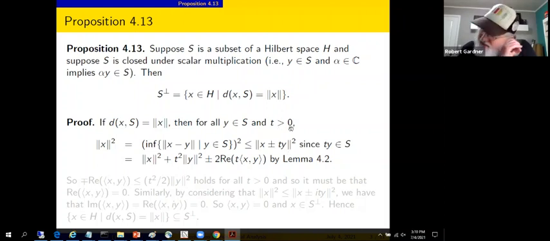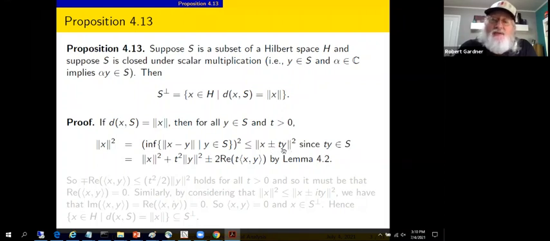We took t to be positive. We're going to split this into a couple of pieces. That's the reason the plus or minus thing appears here. But this is less than or equal to this norm because we're taking an infimum of vector x minus some element of S. Here we have vector x plus or minus some element of S.